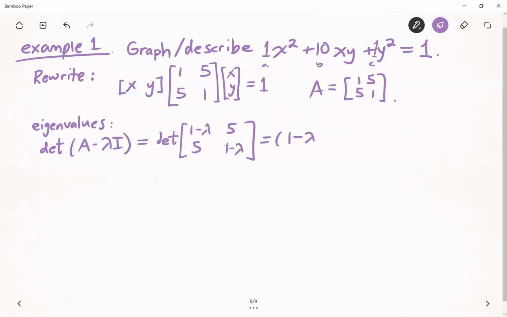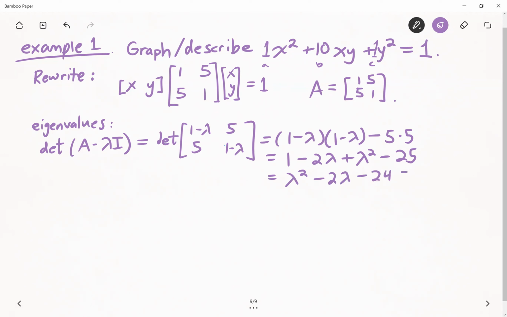It expands out to 1 minus lambda times 1 minus lambda minus 5 times 5. So this becomes 1 minus 2 lambda plus lambda squared minus 25. So lambda squared minus 2 lambda minus 24. Set that equal to 0.